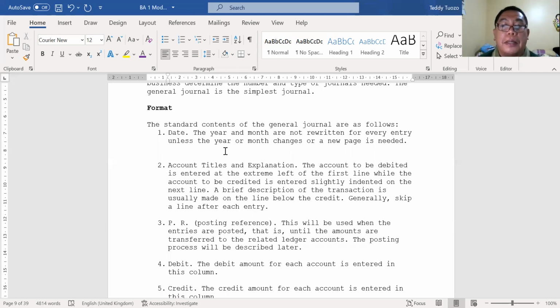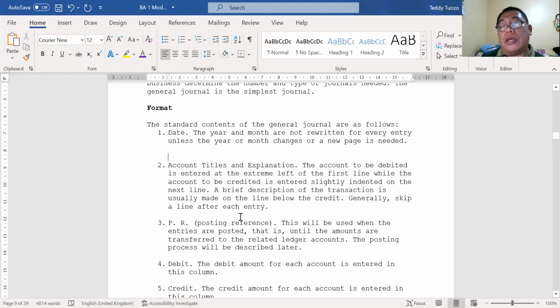The account title to be debited is entered at the extreme left of the line, while the account to be credited is entered slightly indented on the next line. A brief description of the transaction is usually made on the line below the credit. Generally, skip a line after each set of entries.